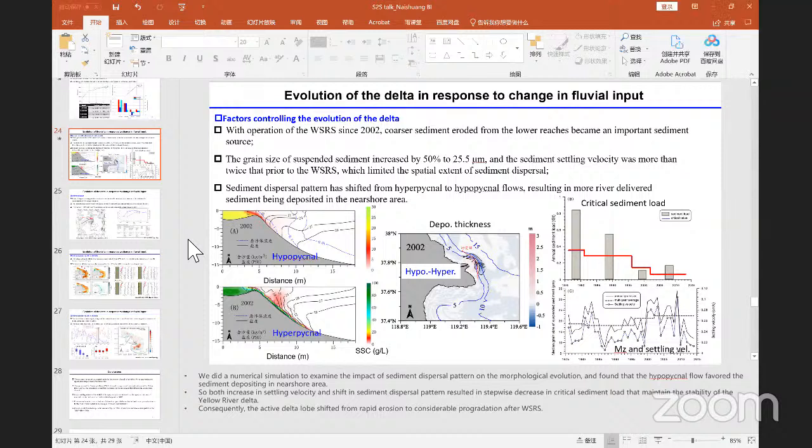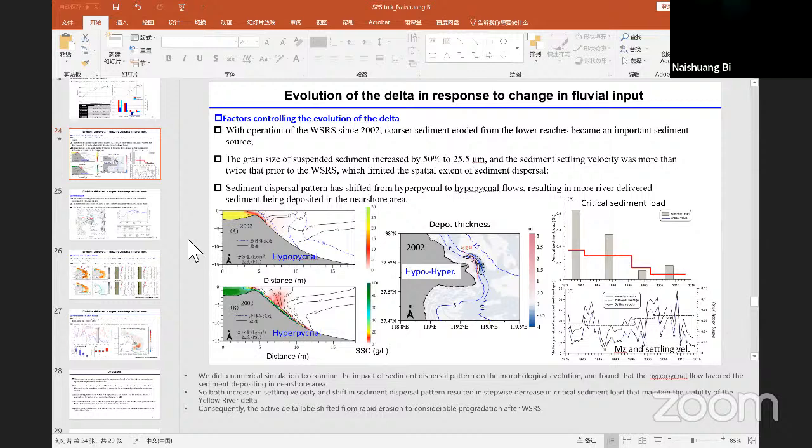So you have model results shown here, and do you also have similar observations of such change? Actually, every year we carry out a field survey of the river mouth area to observe this hyperpycnal flow.